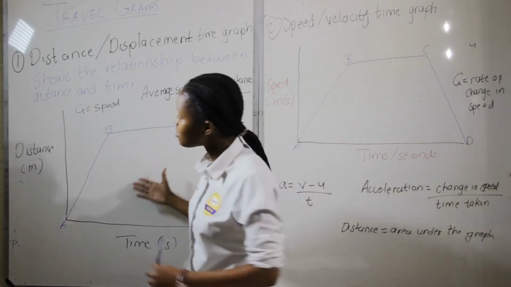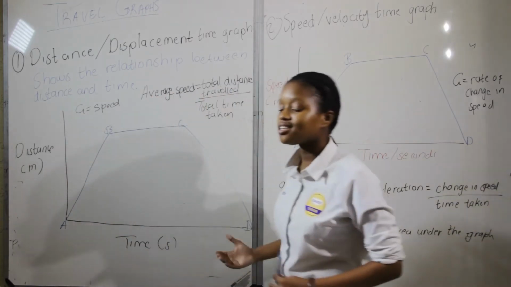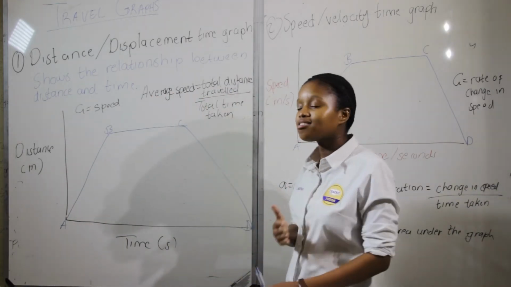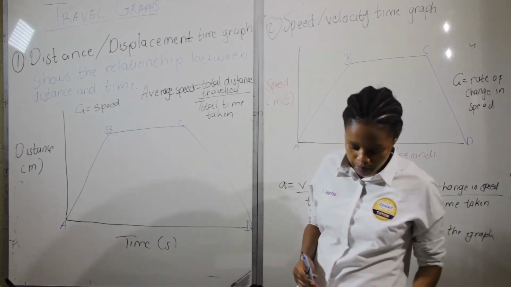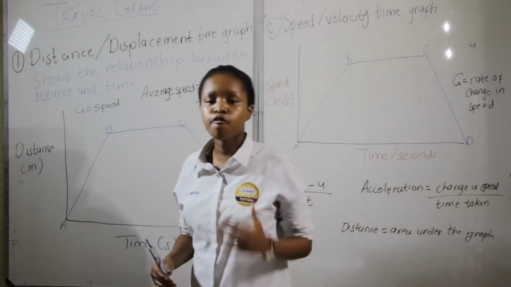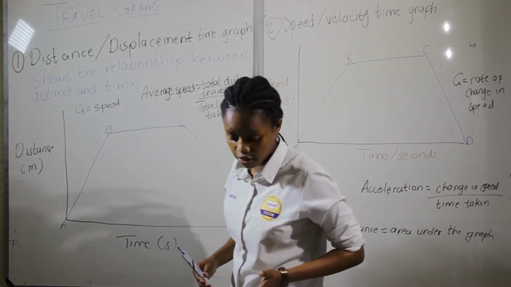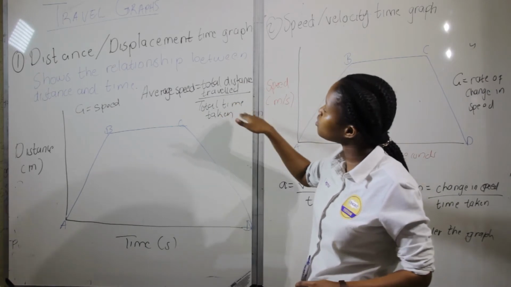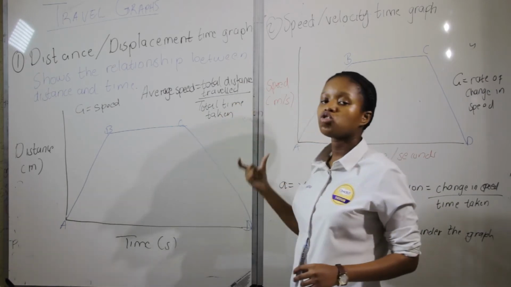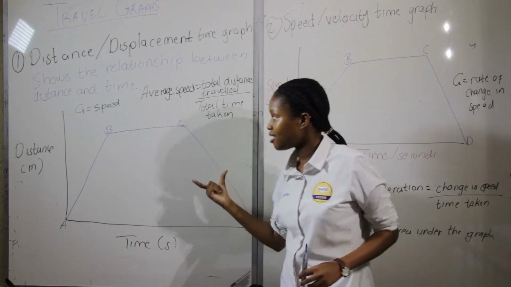In this case, you are given distance and time, and you can be asked to calculate the speed. What are you going to do? Average speed has a formula that we're going to be calculating with. The average speed equals the total distance traveled over the total time taken.